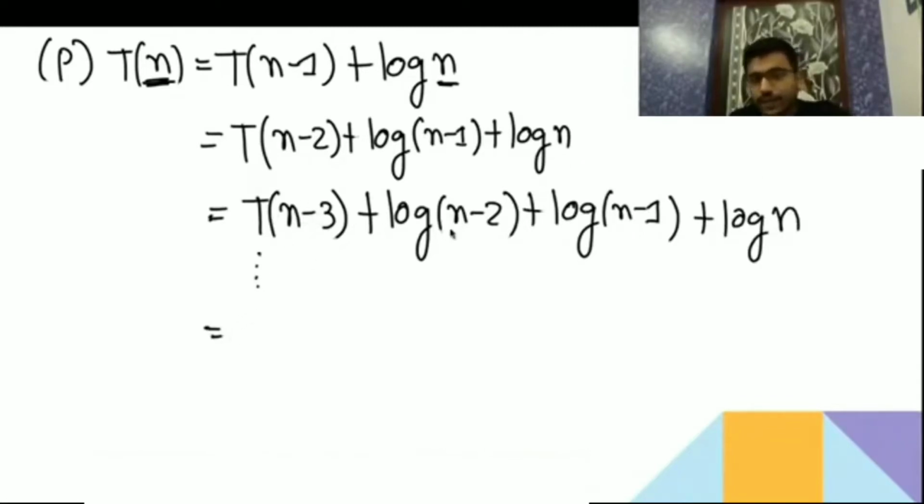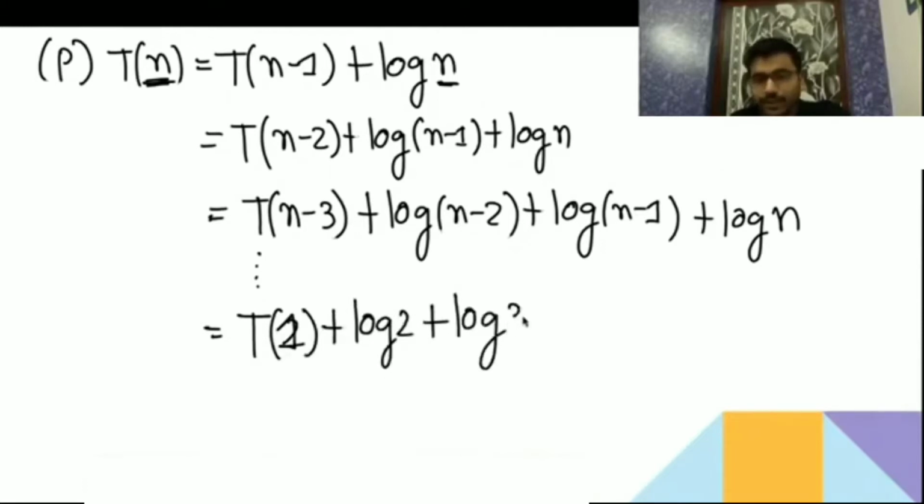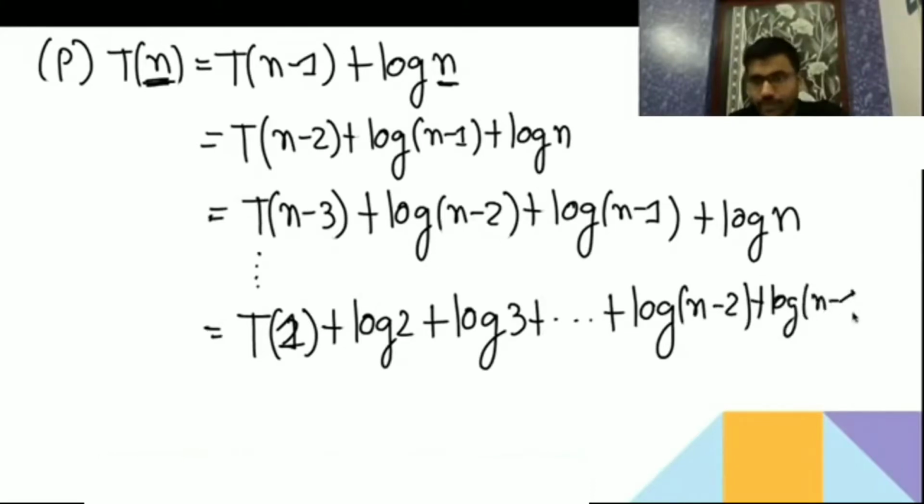If it reaches T of 1, then you are going to get log 2 plus log 3, and it will keep on growing until log of n minus 2, plus log of n minus 1, plus log n.